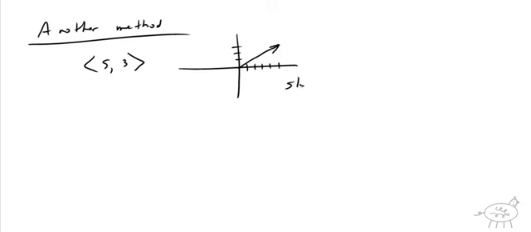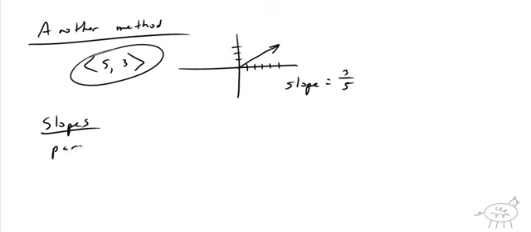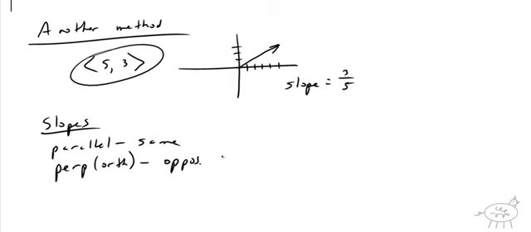Isn't the slope y over x? So it's 3/5. For any vector, I can look at its slope. And what do you know about slopes being parallel and perpendicular? If it's parallel, it's the same slope. And if it's perpendicular or orthogonal, it's the opposite reciprocal slope. That's really important: same slope parallel, opposite reciprocal perpendicular.